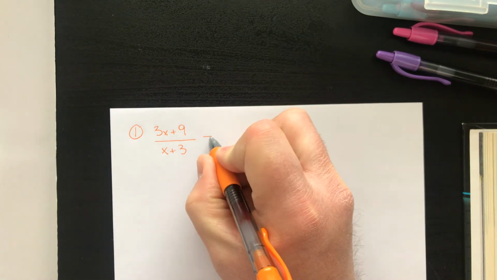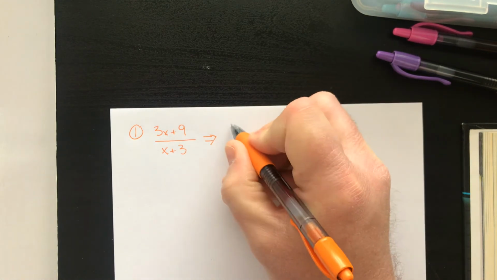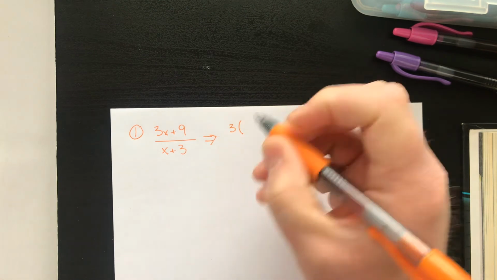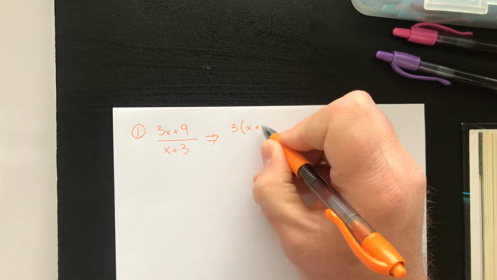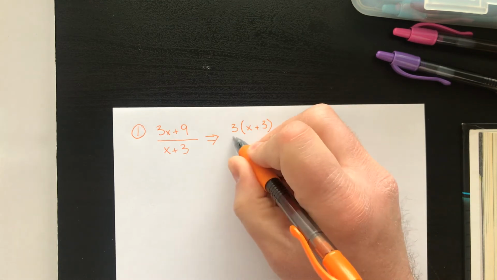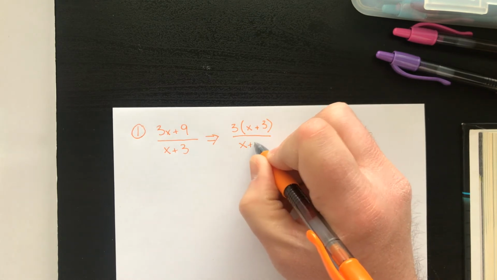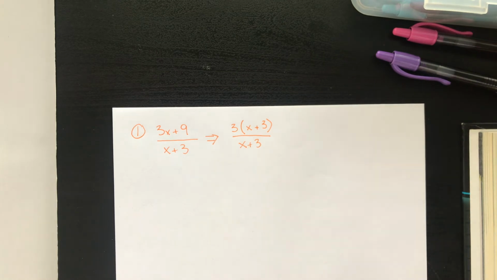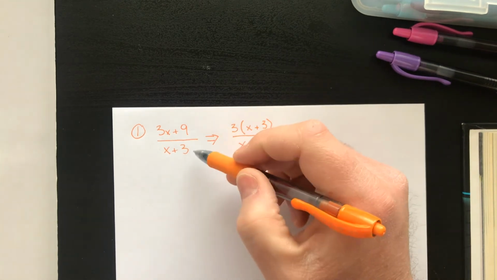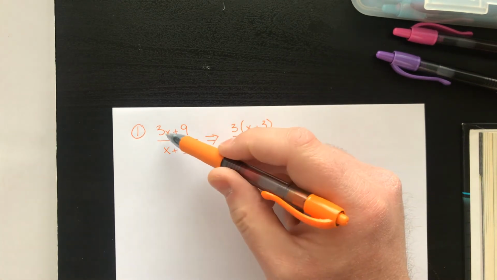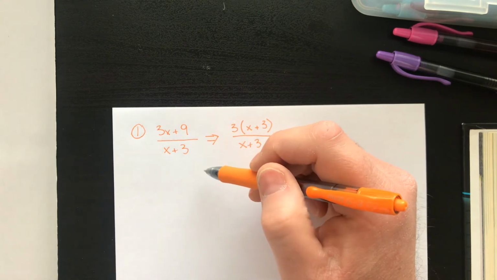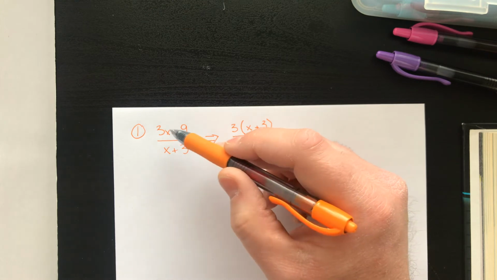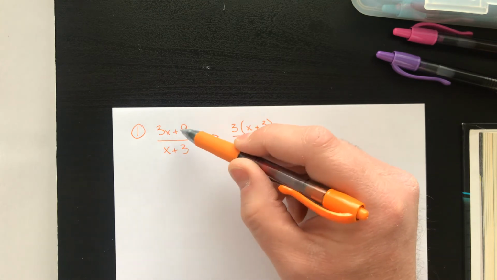We can factor a 3 out of the numerator, which leaves us with 3 times x plus 3. You can't just cancel this 3 and then cross those two out, because they're separated by a plus sign.